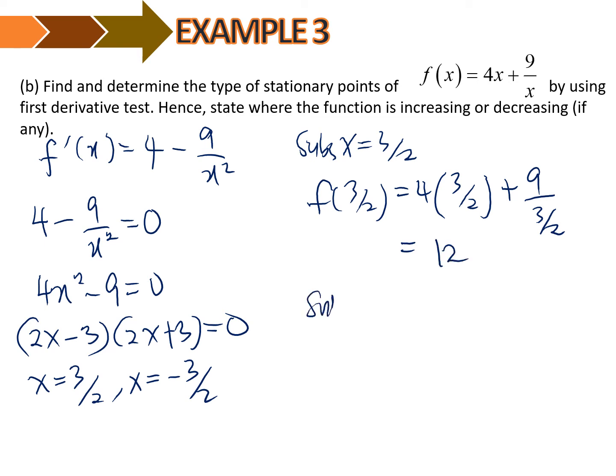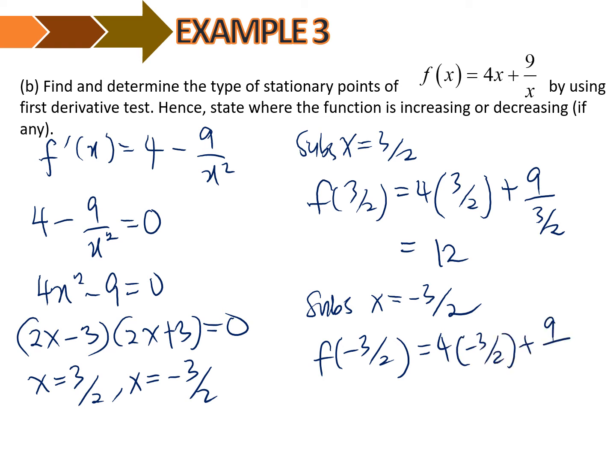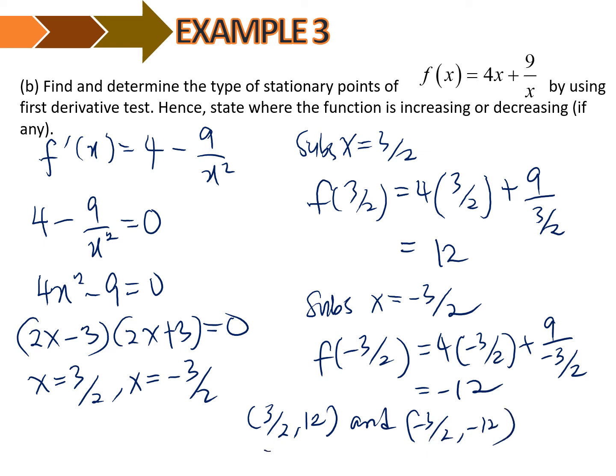Then we substitute x equals negative 3 over 2 into f: 4 times negative 3 over 2 plus 9 over negative 3 over 2. We will have negative 12. Then we make a conclusion here. (3/2, 12) and (-3/2, -12) are stationary points.